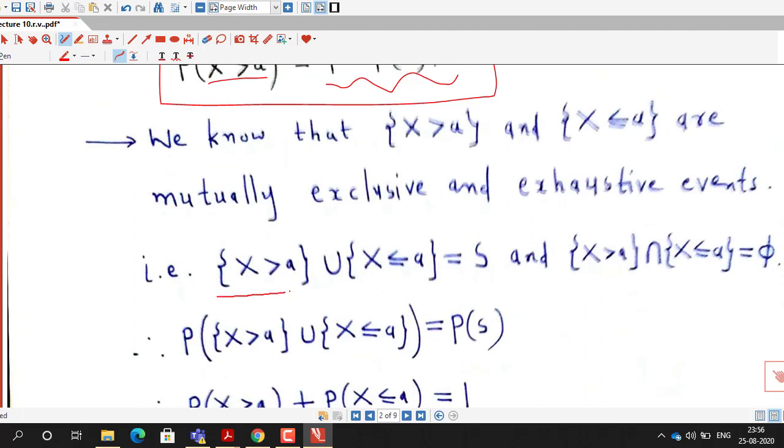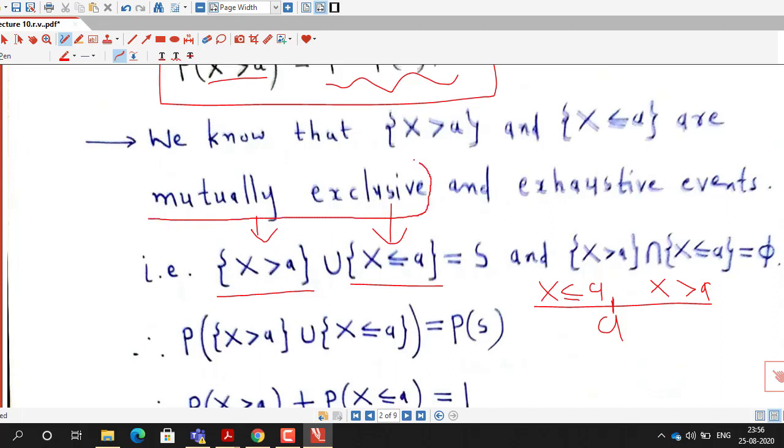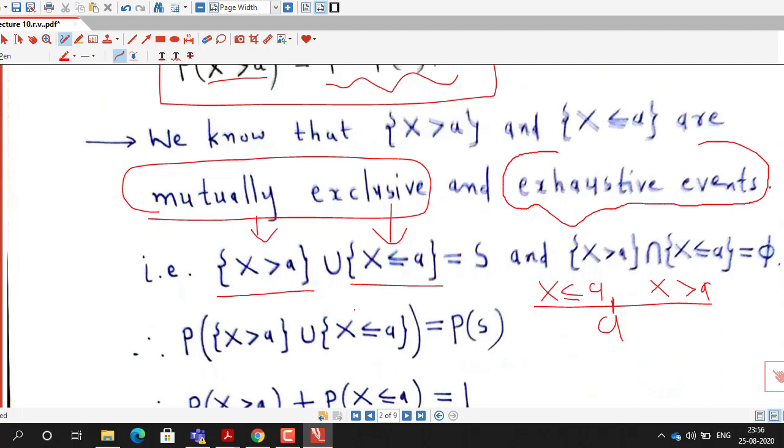And we know that if I consider these two events, capital X greater than a and capital X less than or equal to a, for any real number, then both events are mutually exclusive. That means their intersection is empty, and they are exhaustive, meaning their union is the whole sample space.